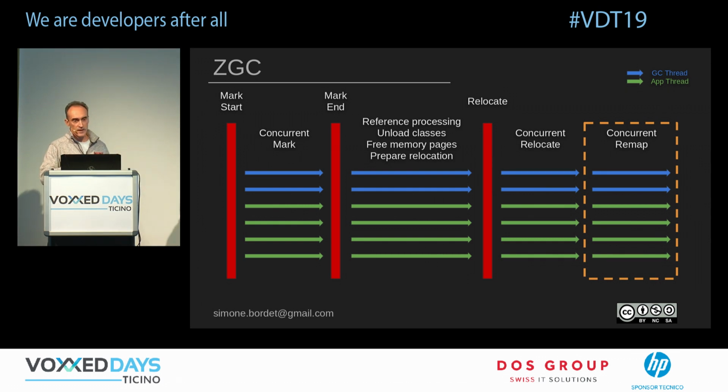And so there's a first initial phase where all the roots are collected, and then concurrent mark can start. Concurrent marking basically just goes through the object graph and says, okay, this object is alive, this object is alive. Not only that, but it also collects liveness information. For example, imagine there's a page, a Z page, that has been allocated. So many objects have been put into that page.